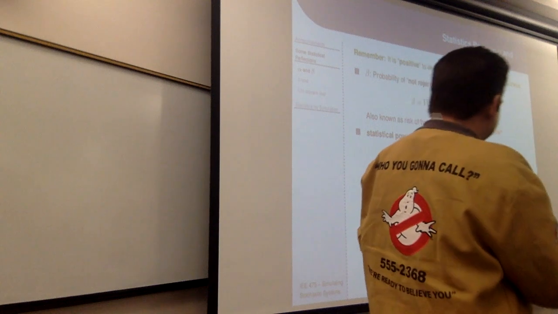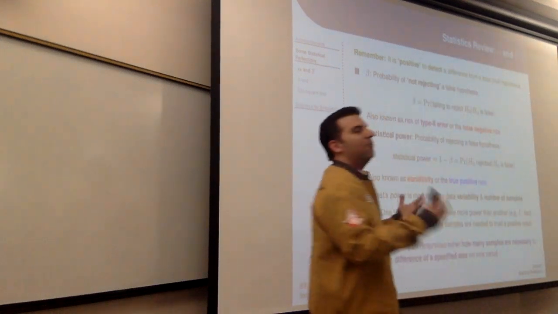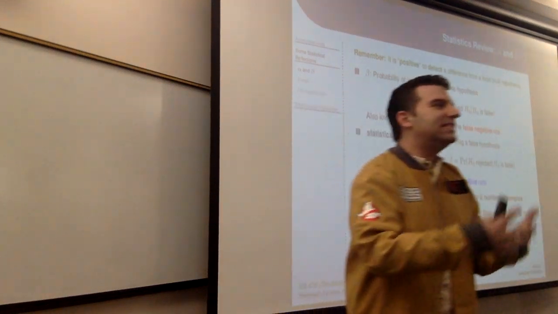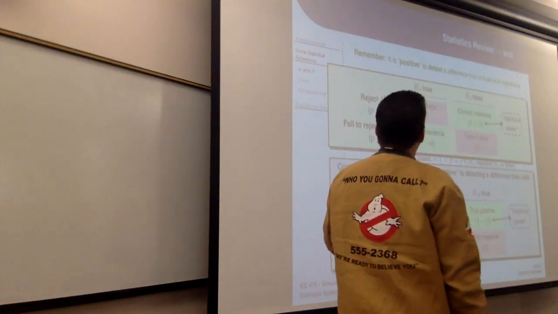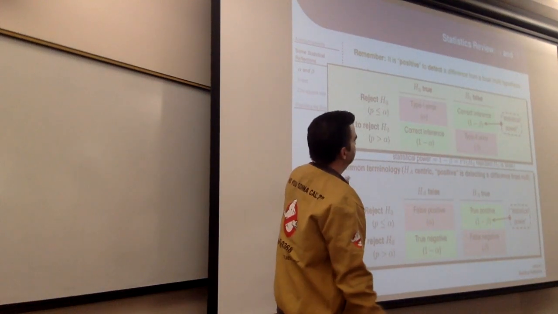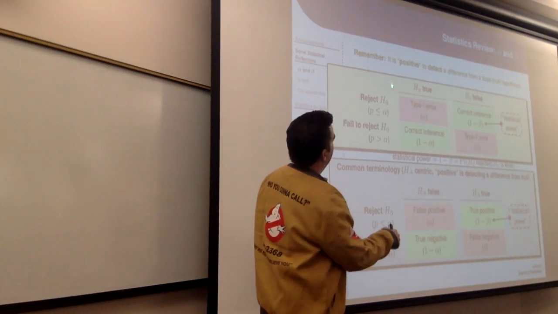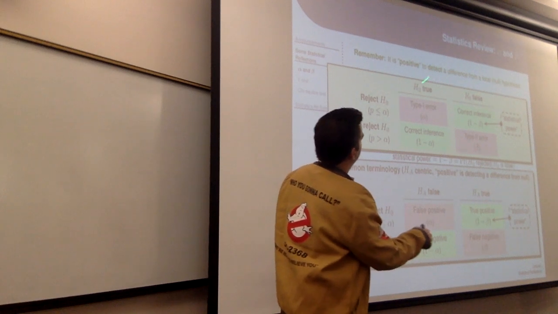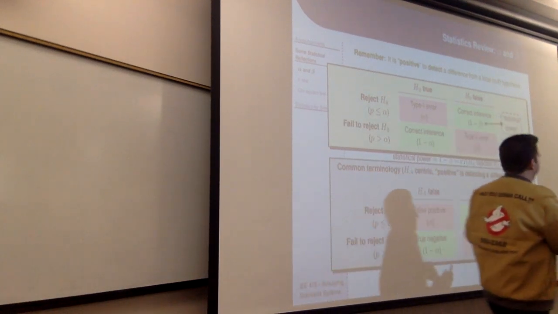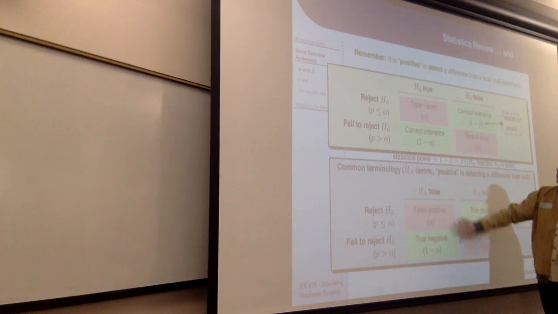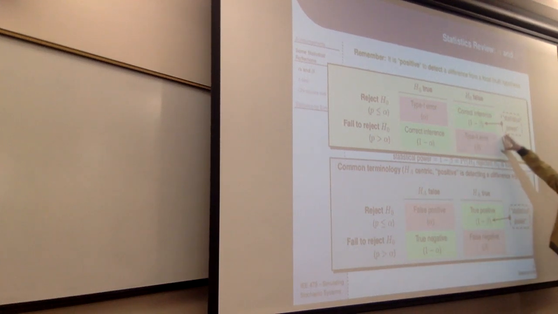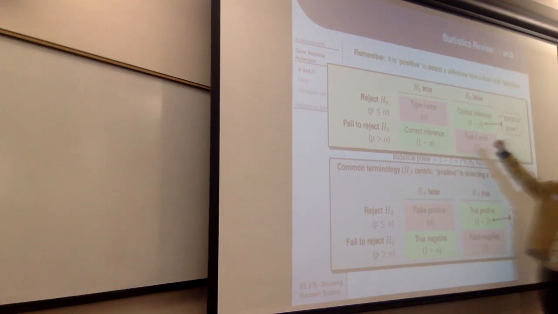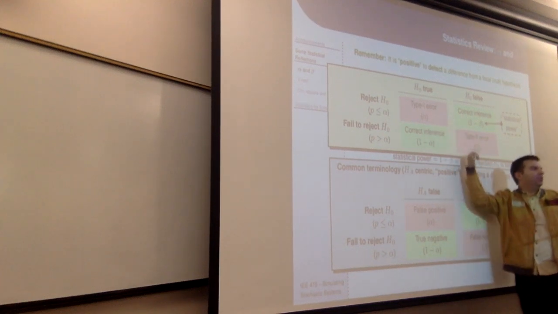This is the way I'm hoping you're starting to see the world. There are different ways we can use this terminology. Remember, I've been saying that positive means detecting a difference, and that corresponds to this terminology. So here's the most difficult way to remember what type 1 error and type 2 error are.